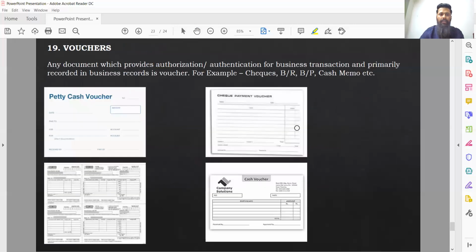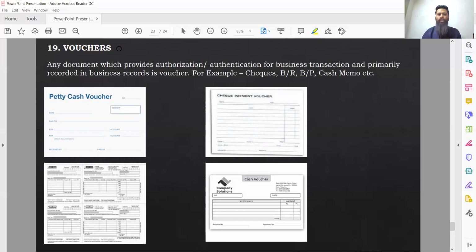Let's move to the next term, that is voucher. So vouchers are basically prima facie evidence of any transaction. We have discussed the meaning of transaction: any sort of exchange between two or more persons which can be measured in terms of money. On the basis of those transactions, accounting will be done further. But while doing any sort of transaction, some vouchers are prepared.